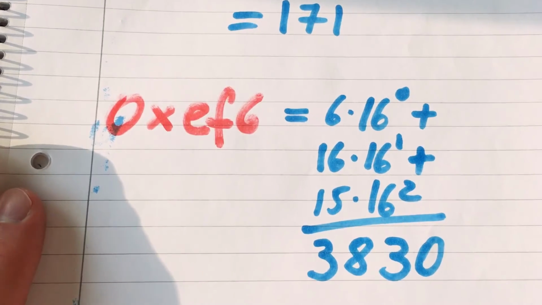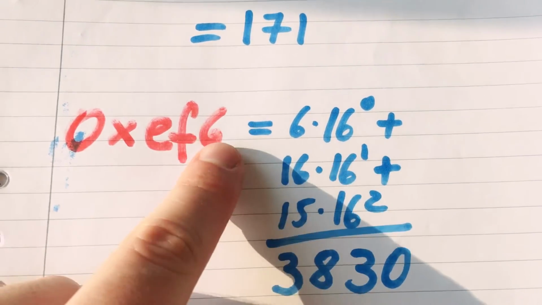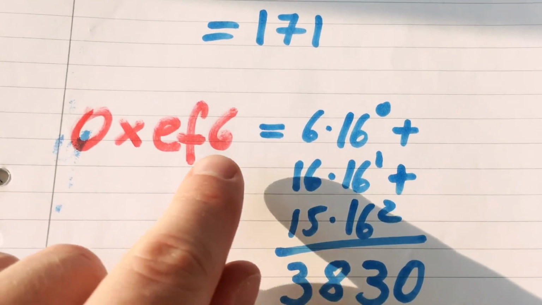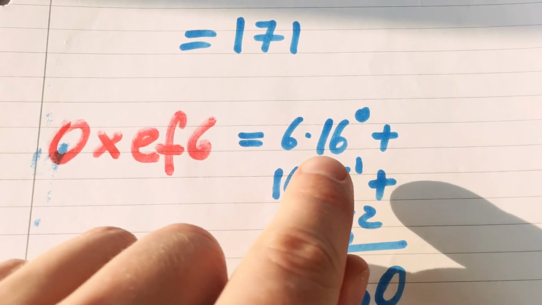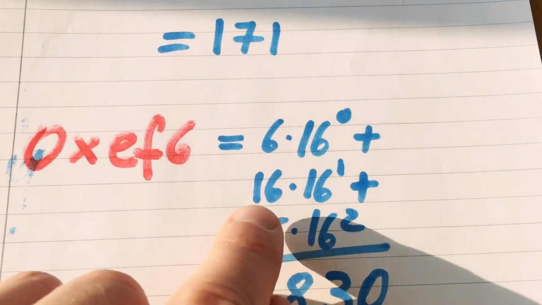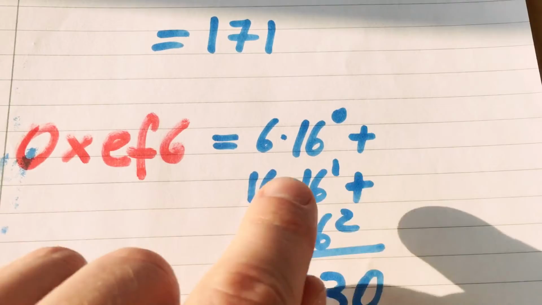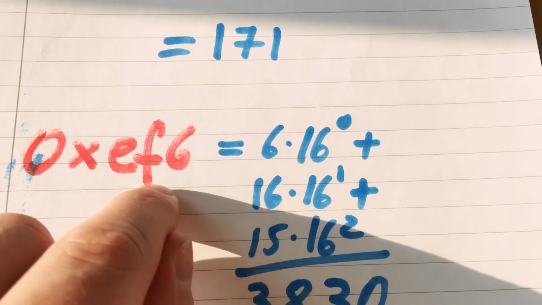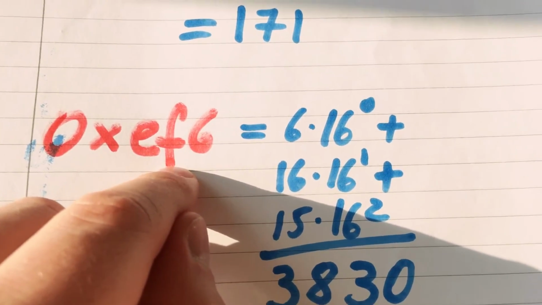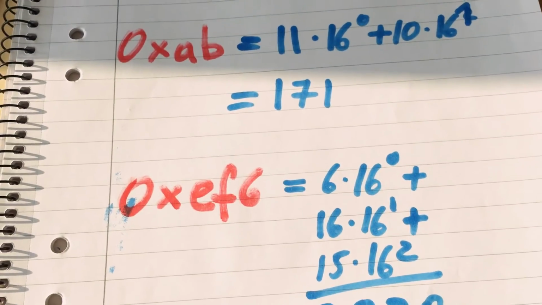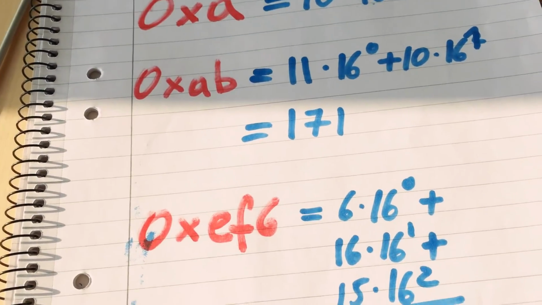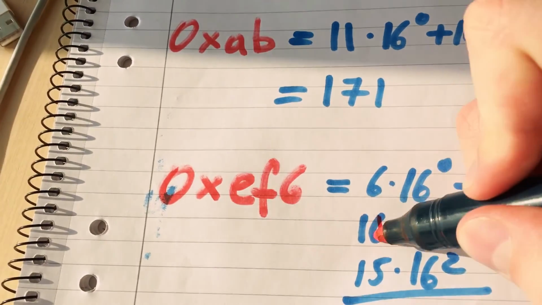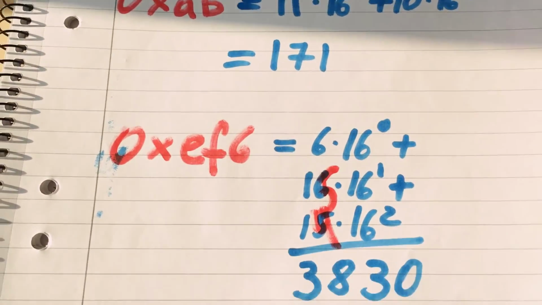Let's take a longer example. What is EF6? Well, we start from the end. 6 is 6 times 16 to the power of 0 plus F times 16 to the power of 1. Why do we have 16? Because F is... or actually this is wrong. This should be 15. So this is 15 and this is 14.